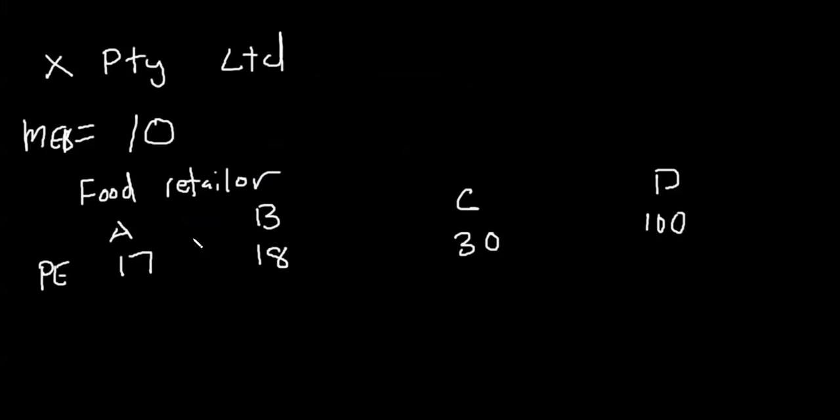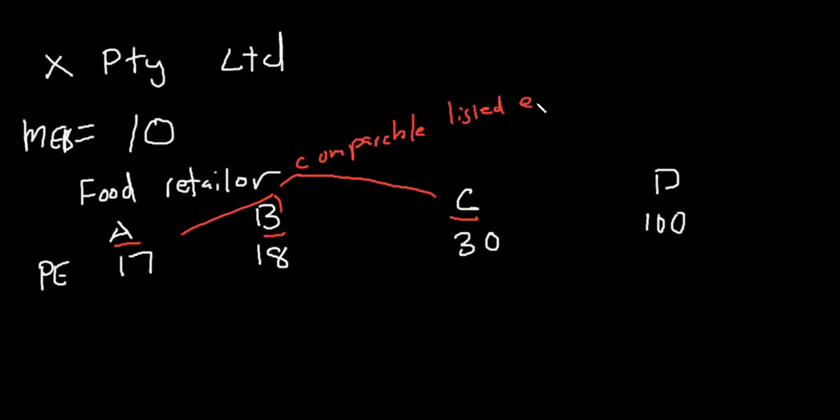Now, we are told in the example that A, B, and C are what you call comparable entities. These are the comparable listed entities. We are also told that D is a similar listed entity.